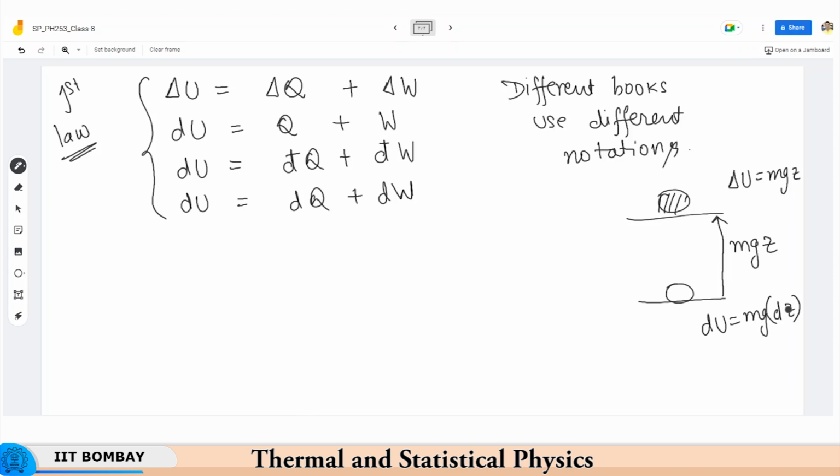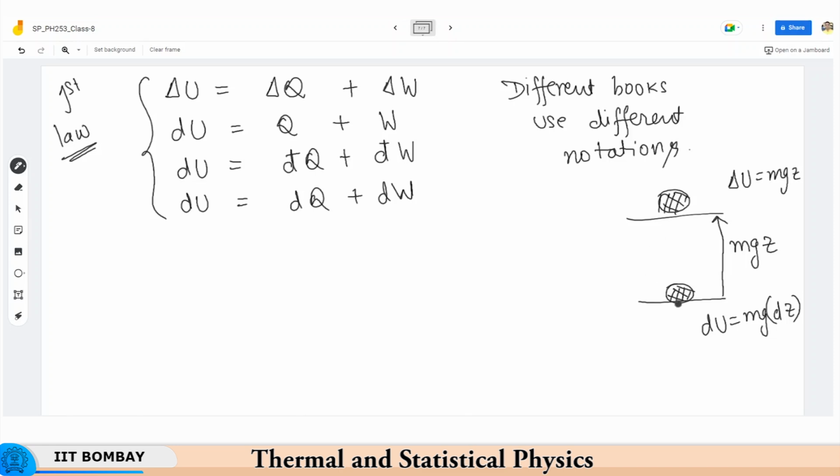If you think about it, the internal energy is, like I said, a state variable, so the energy of this system at this point and this point is always given by this much, no matter how I do this process.